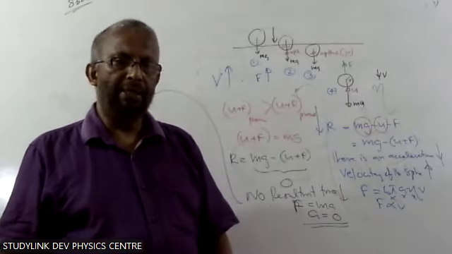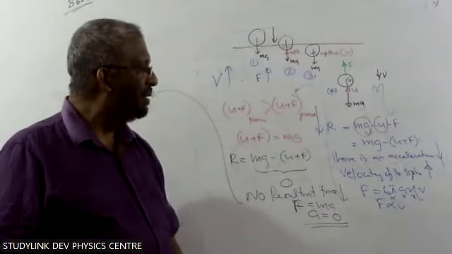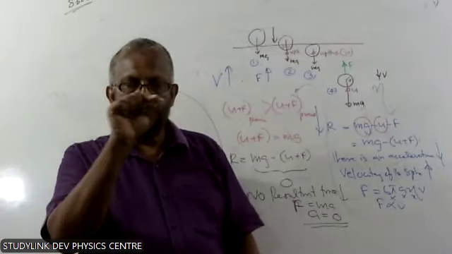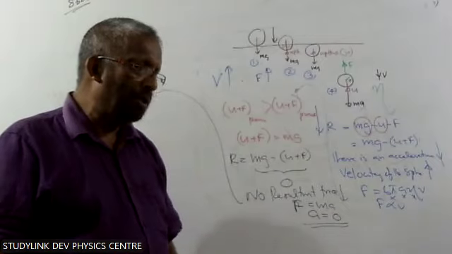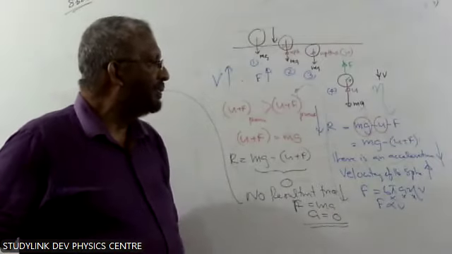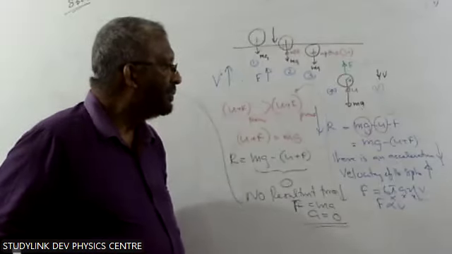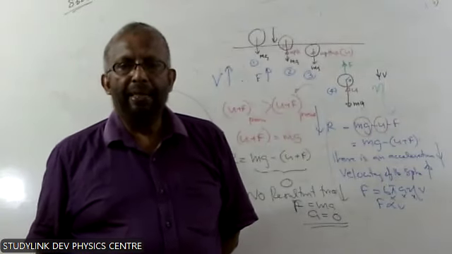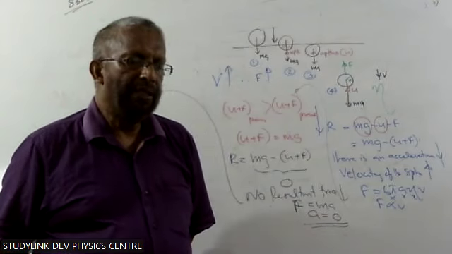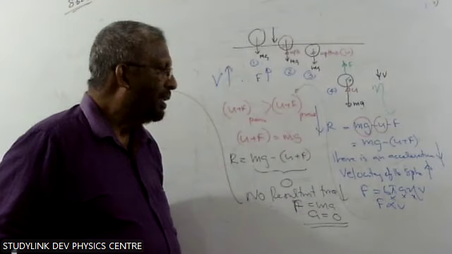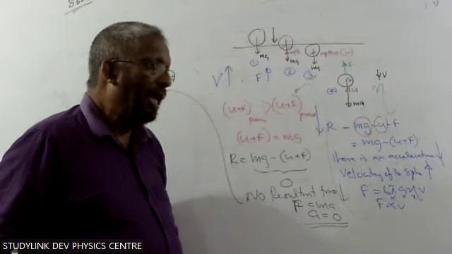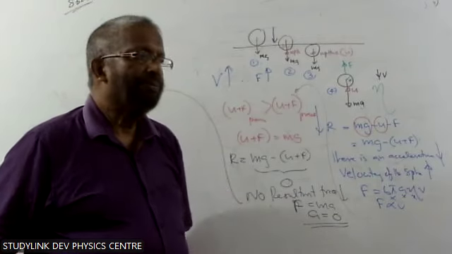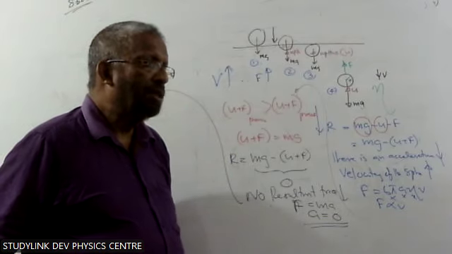When we consider key points, number one, first you write just like a heading: when the sphere falls down, viscous force increases. Number two, acceleration of the sphere decreases and comes to zero.